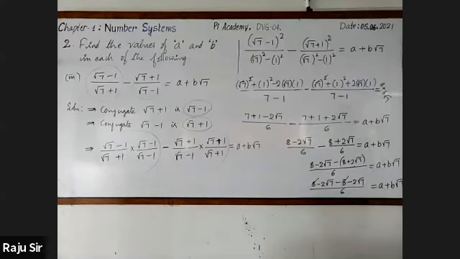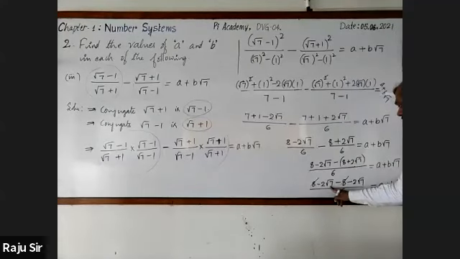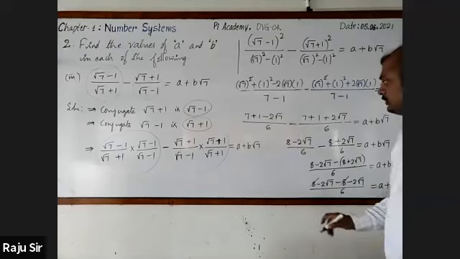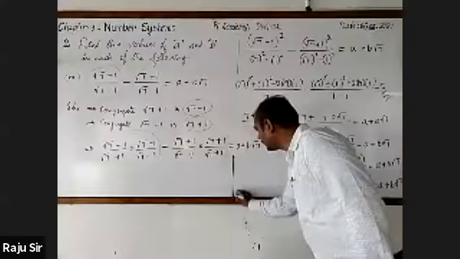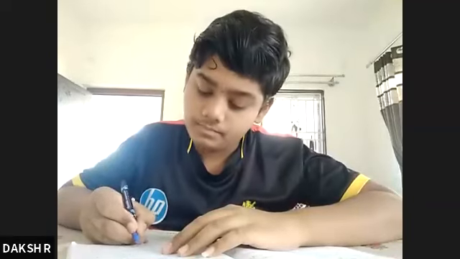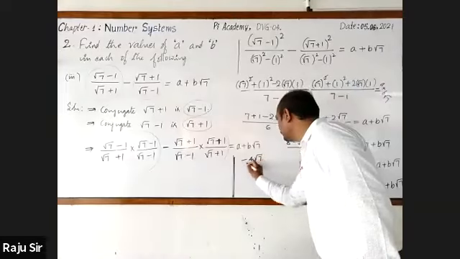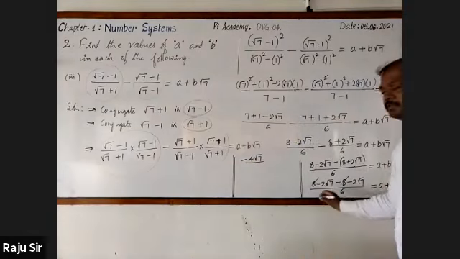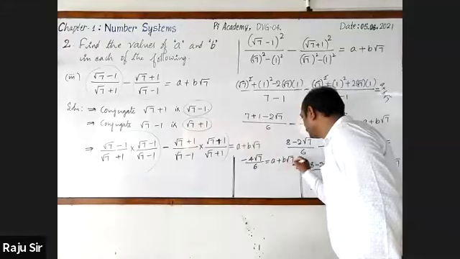Equal to a plus b into root 7. Minus 2 times root 7 minus 2 times root 7 is minus 4 into root 7. Can you write minus 4 times root 7? Yes, sir. Minus 4 times root 7 divided by 6 equal to a plus b root 7.